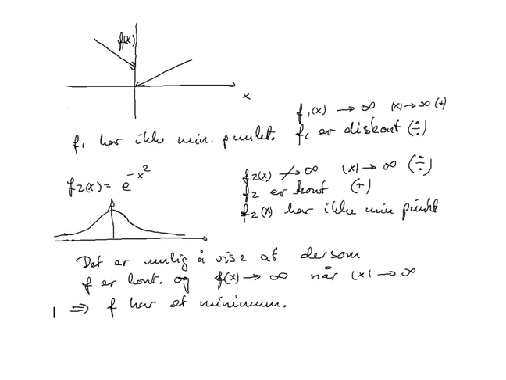So these two examples show that both of these properties should be satisfied, the function should have both properties, in order to ensure that we have a minimum point.